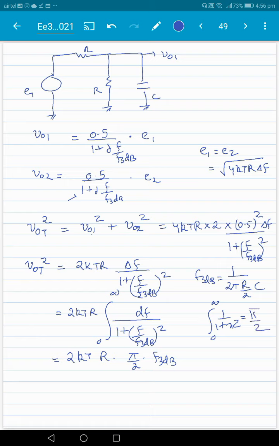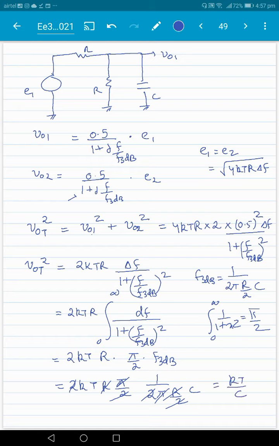So let's write this down as 2 kT R pi by 2, and f3 dB is 1 over 2 pi (R by 2) C here, right? So let's cancel terms out. 2 goes here, 2 and 2 go here, pi goes here, and R goes here, and we are left with kT by C.